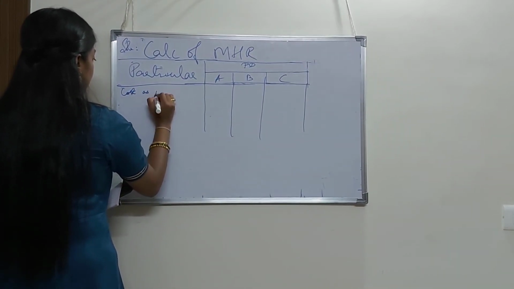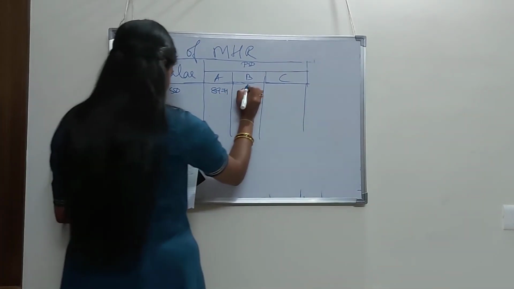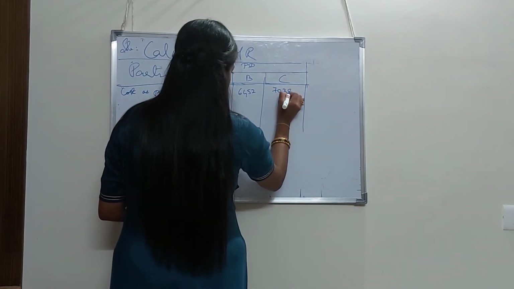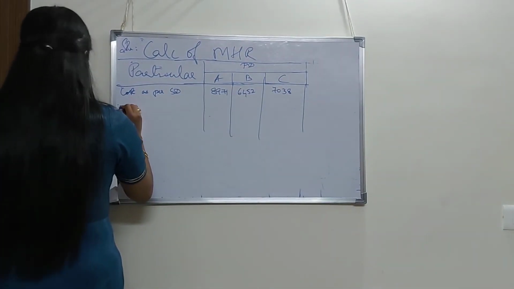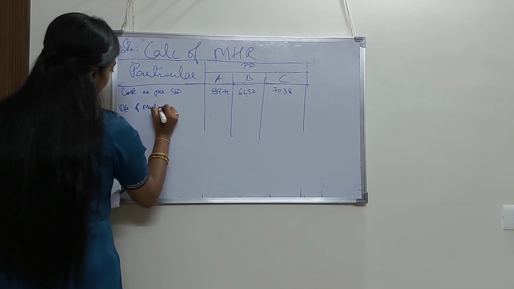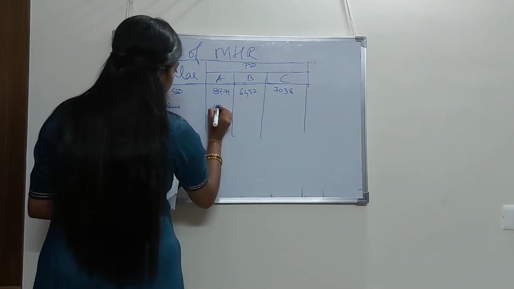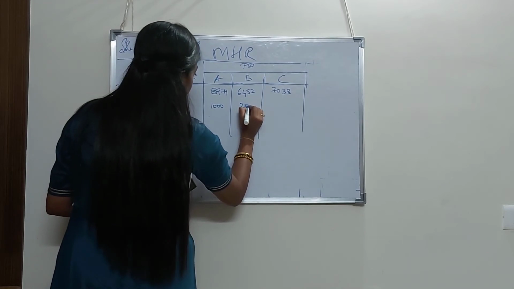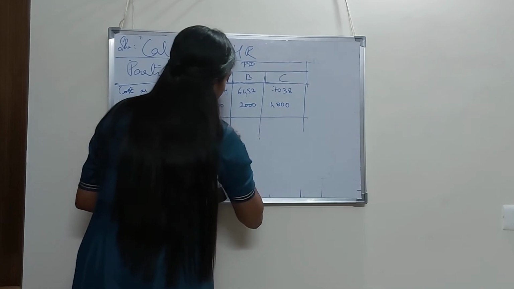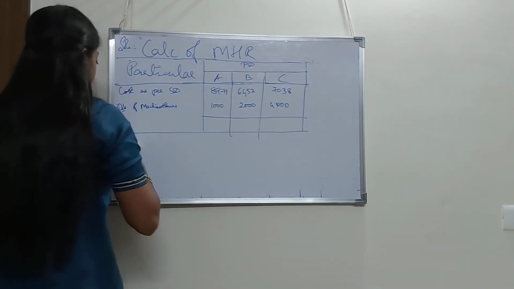Cost as per secondary distribution is 8,971, 6,452, 7,038. And what would be the number of machine hours? It would be 1000. It is given in the table. 2000, 4000.